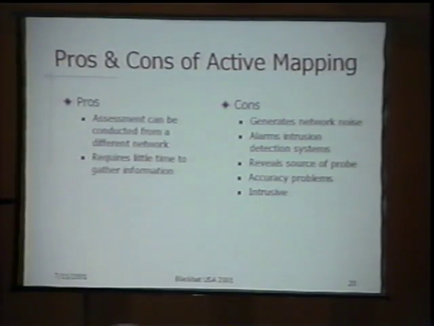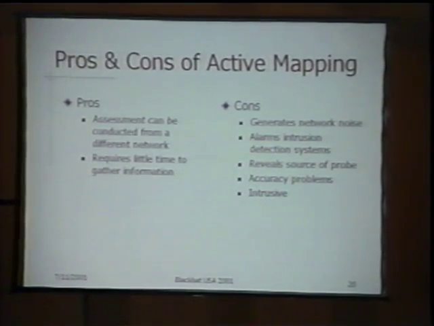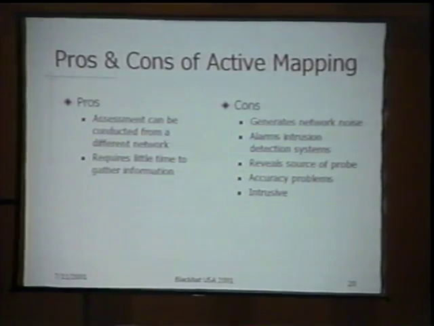It still leaves fingerprints, which can be used later to catch you. And some active mapping has accuracy problems, which includes the FIN scanning and the UDP scanning. And lastly, it's very intrusive. This is important even for network administrators because you want to be able to map your own network, but you don't want to be intrusive to the users on the network.